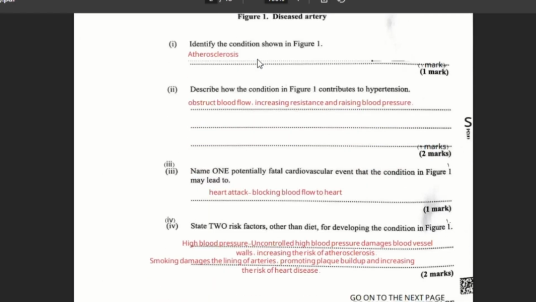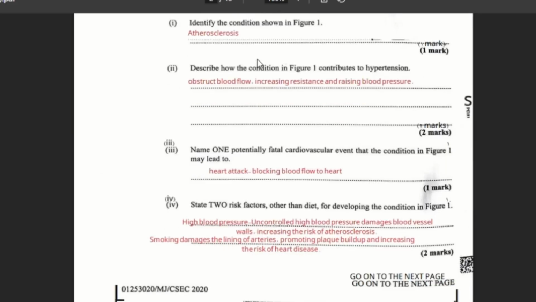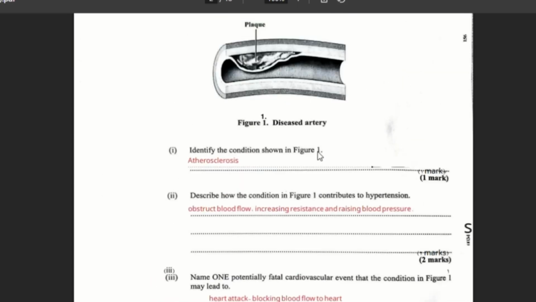Alright, the next question says, name one potentially fatal cardiovascular event that the condition in figure 1 may lead to. So the very first one can be a heart attack. And how do we know that it's a heart attack? It's the most obvious one. First, the question is saying cardio. When you hear the word cardio, you know it has to do with the heart. And if we go back to the arteries, we know that arteries bring blood away from the heart, right?